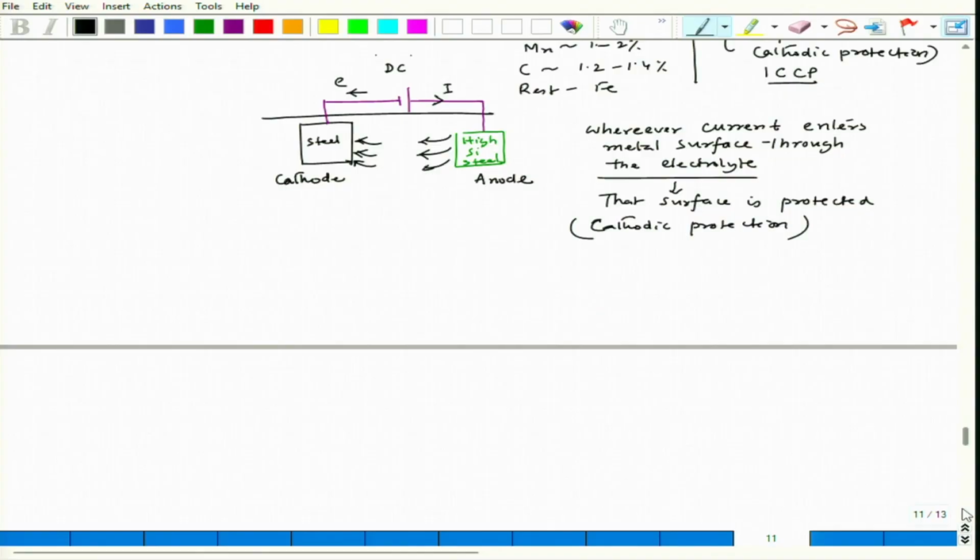That processing route can also be incorporated as a trick or a kind of way to prevent corrosion in a particular material. How? By changing the microstructures. The typical example, again I am coming to that example. So, now once we know composition, we have to see microstructure.